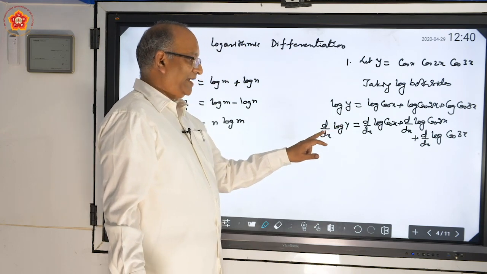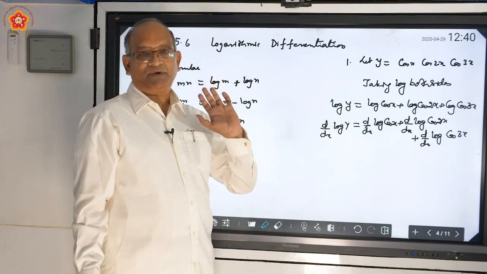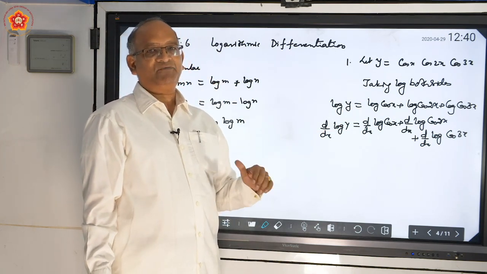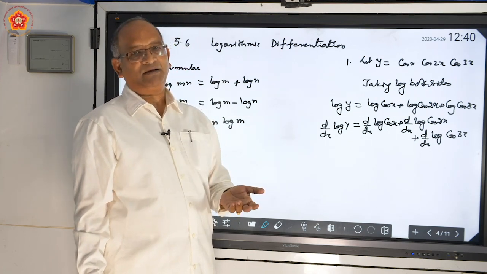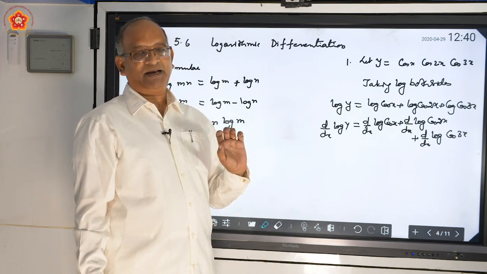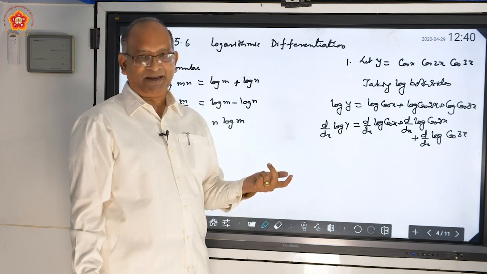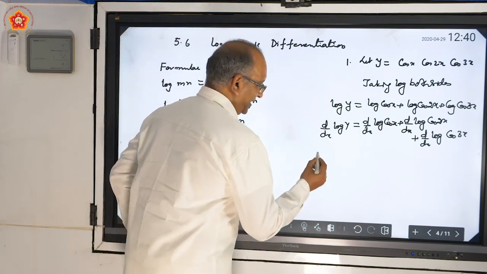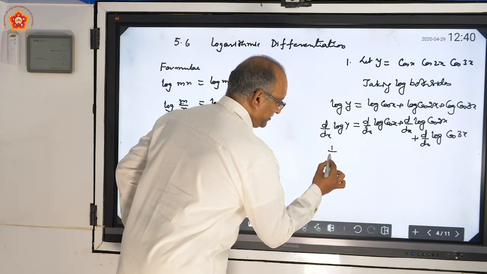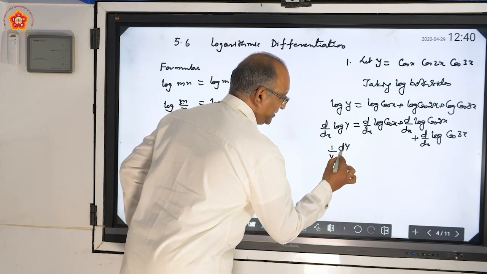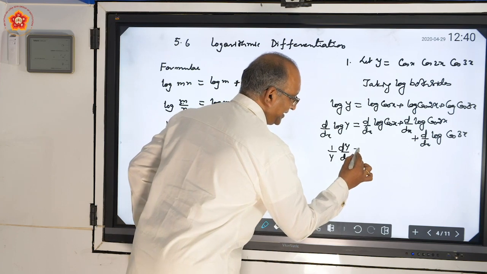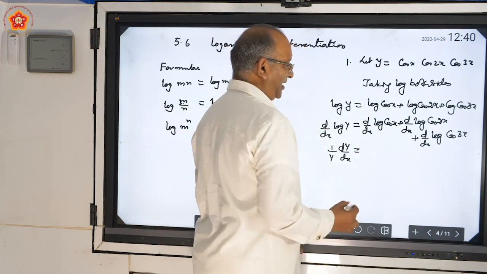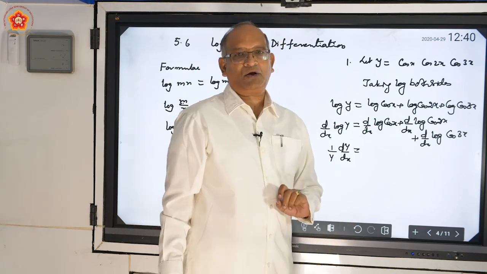Now log y cannot be differentiated directly with respect to x, so we convert it as d/dy of log y into dy by dx. The derivative of log x is 1 by x, so d/dy of log y is 1 by y, and here we get 1 by y dy by dx equal to the derivative of log of cos x.